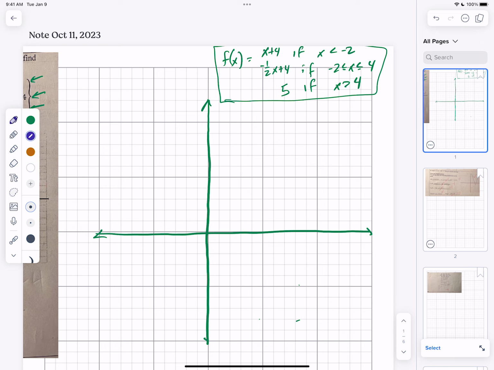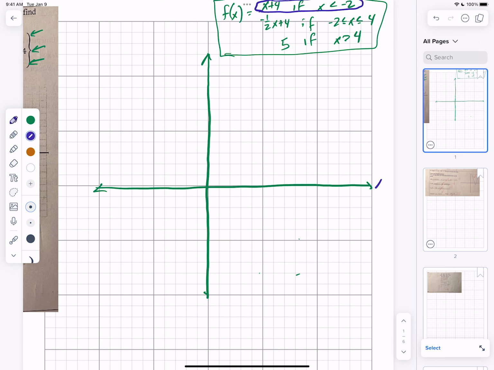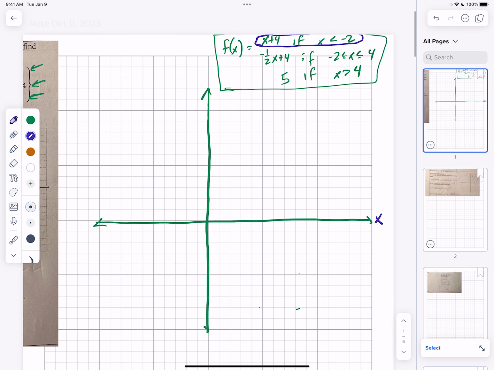Okay, so I'm going to do 3 different colors. For this rule, we'll do it in blue. So if the rule is, if x is less than -2, remember this is our x-axis. So here's x equals 10, x equals 5, x equals 0, x equals -5, x equals -10.